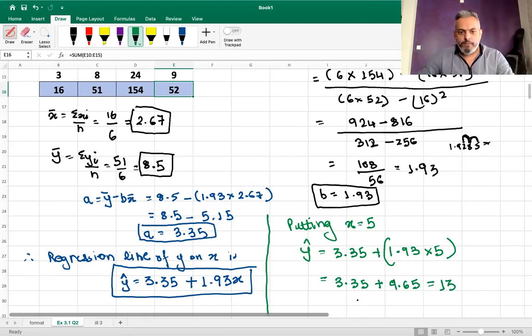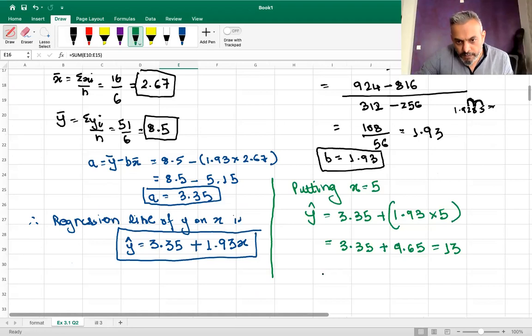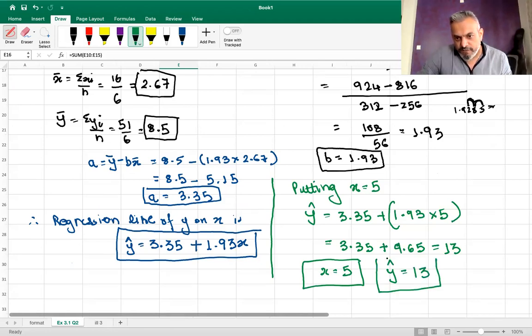So now x is equal to 5 and y cap is equal to 13. So when x is equal to 5, y cap is 13.